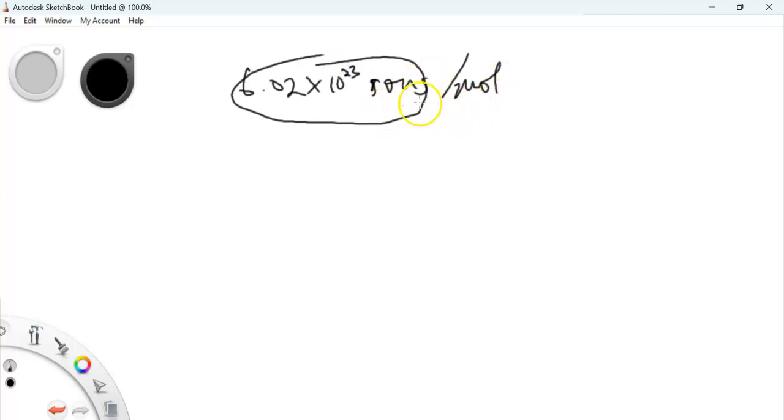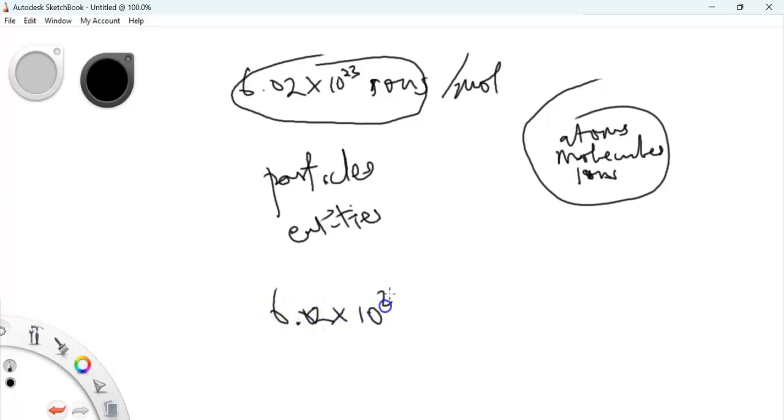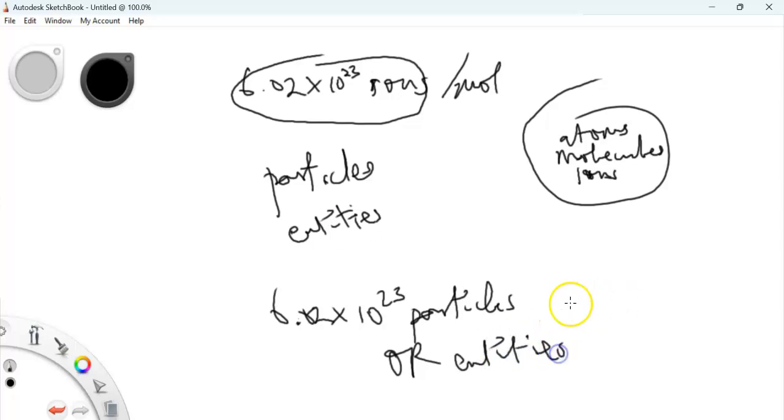So if they are talking with respect to atoms, molecules or ions, they are being specific. But if they are being generic, talking about particles or entities in general, the unit should be 6.02 times 10 to the power of 23 particles, or entities, per mole. Do you understand?